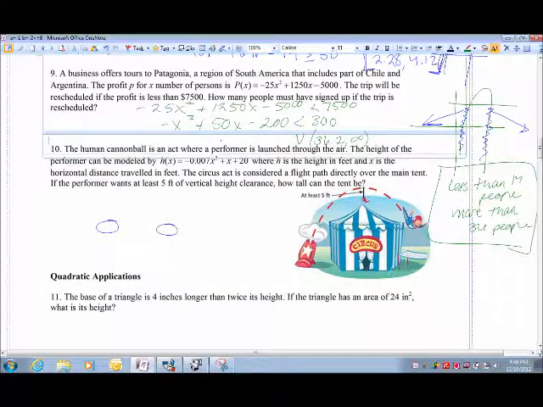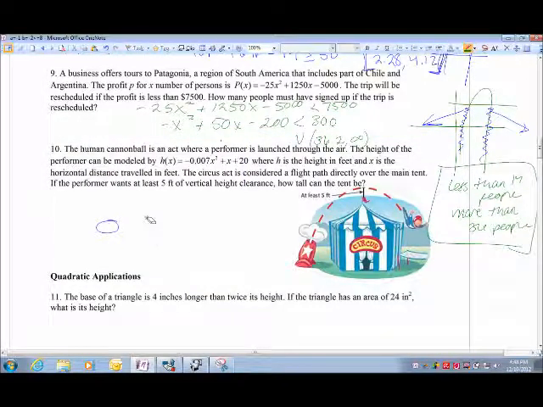Okay, and in problem 10, we do have a function and we do have another number, but this time we're not going to set it up as an inequality. They're talking about a human cannonball that's going over a circus tent. And they give us a function where h is the height in feet and x is the horizontal distance traveled by the performer that's in the human cannonball.